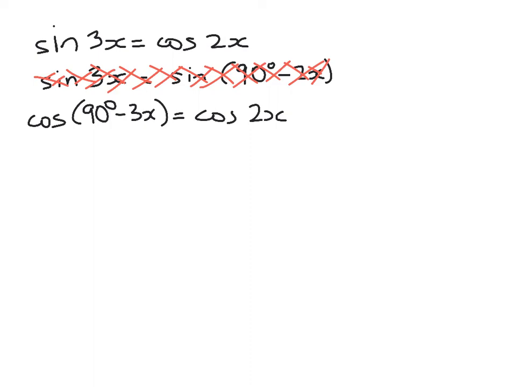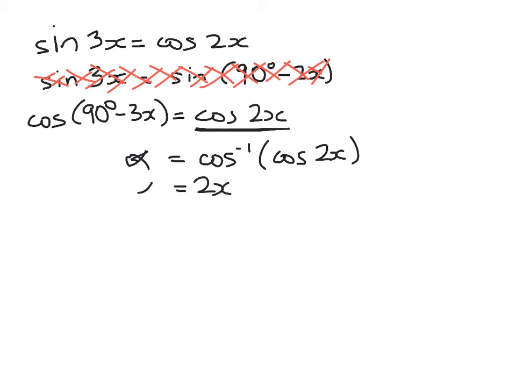So what do I do when I'm doing general solutions? Well, the first thing I do is I get my principal solution, and it's alpha. And alpha is always the inverse trig function on this thing here. So we're going to do exactly the same thing here. So it's cos inverse of cos of 2x, which is just 2x. Right?